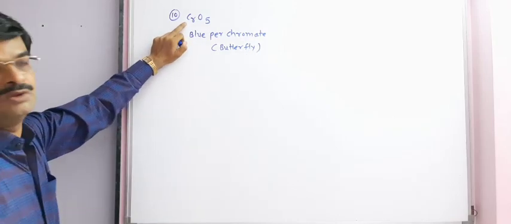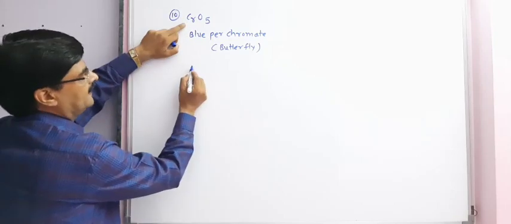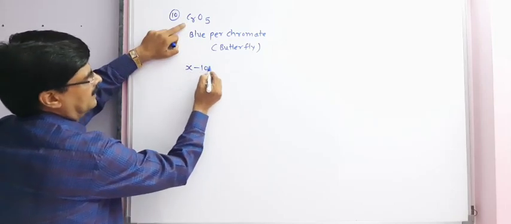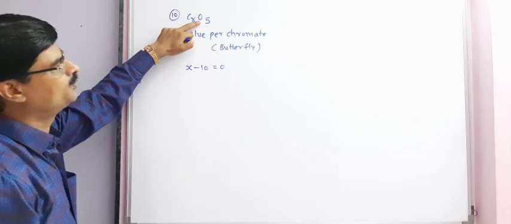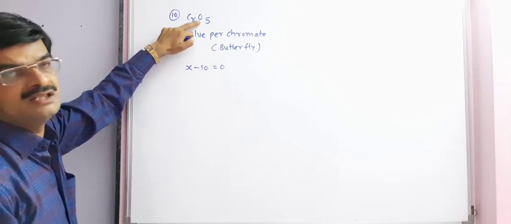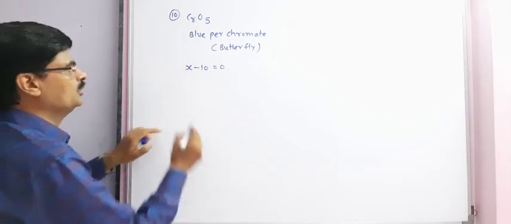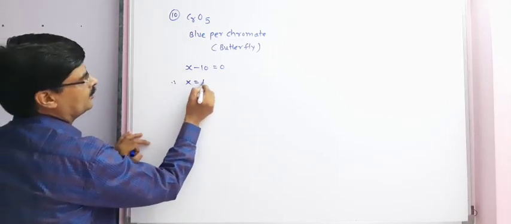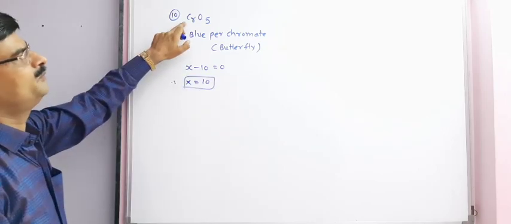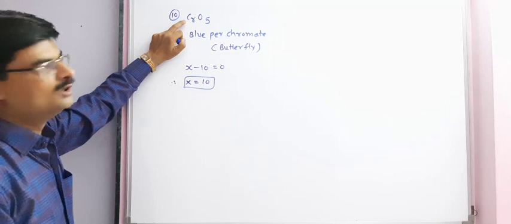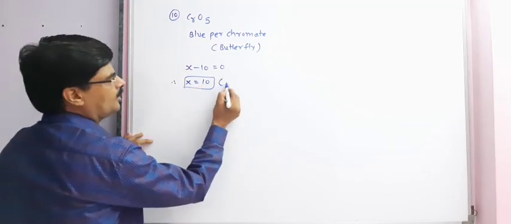First we find the oxidation state according to the formula method. Say Cr is X and minus 10 for oxygen, because for each oxygen the oxidation state is minus 2. So 5 times 2 is 10, equal to 0. Therefore X is equal to 10. But as we know, this is not possible for chromium. A chromium oxidation state of 10 is not possible. So this is wrong.